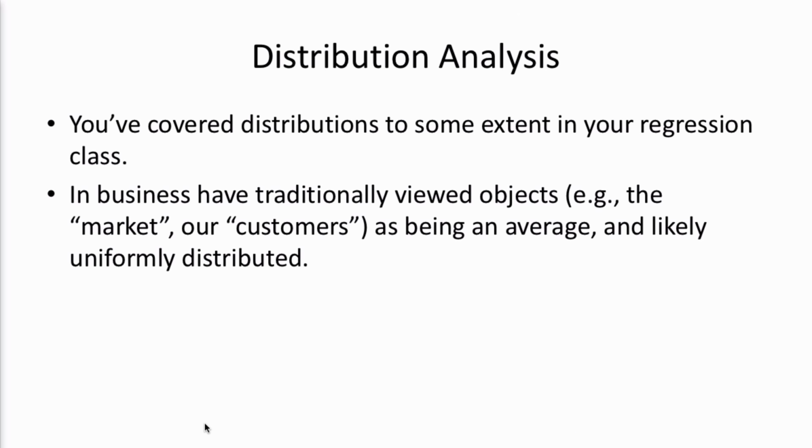You guys have done this forever, right? Why do we look at distribution? Because we typically do. What does regression do? It assumes that there is the mythical average customer or average case, right? And so you guys know how the regression line happens, right?